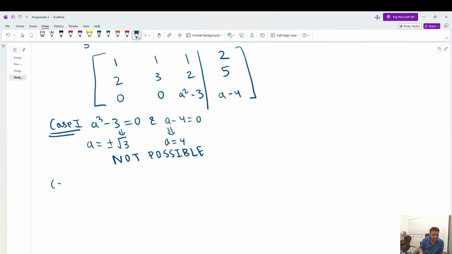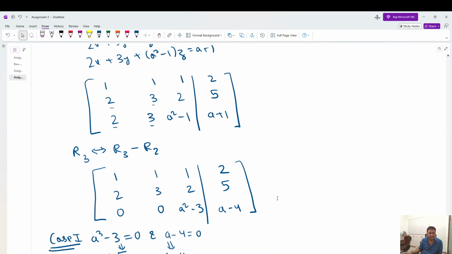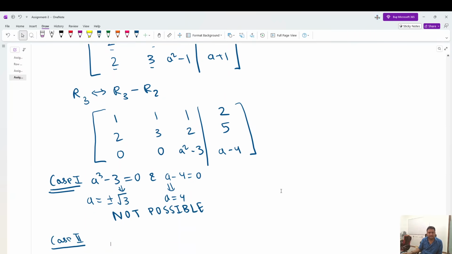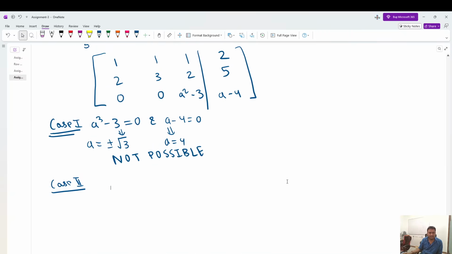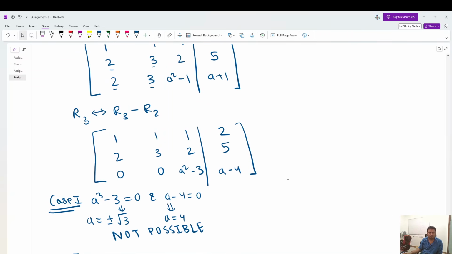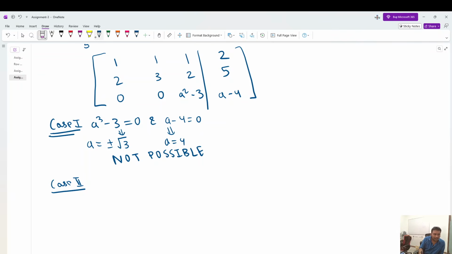What is case 2? It can be 0. I think I have done the calculations fine, right? Yes, I have done it right. So A square minus 3 is 0.